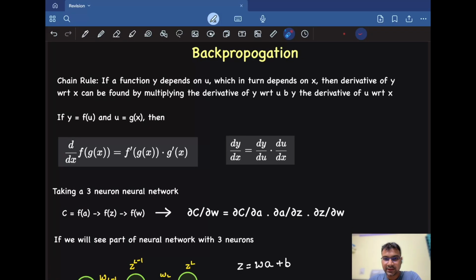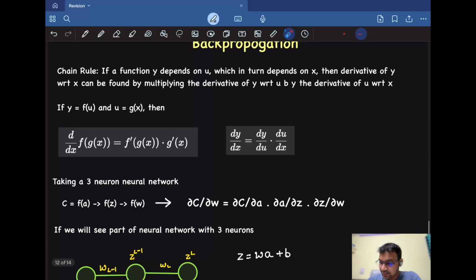The chain rule basically says that if a function y depends on u, and then u in turn depends on a function of x, then if we want to find the derivative of y with respect to x, note that y is not directly dependent on x. It depends on u, and then u depends on x.